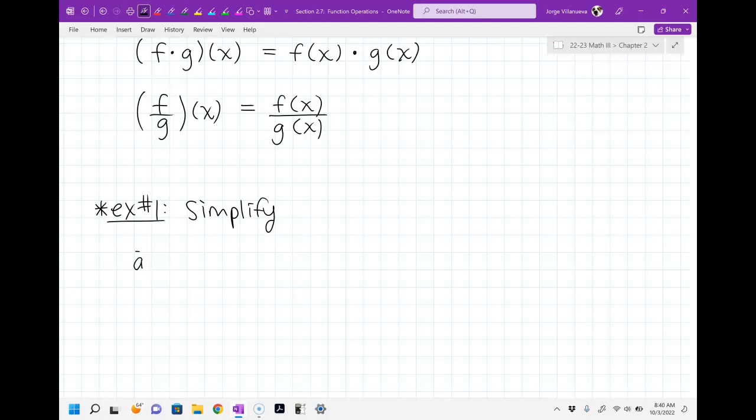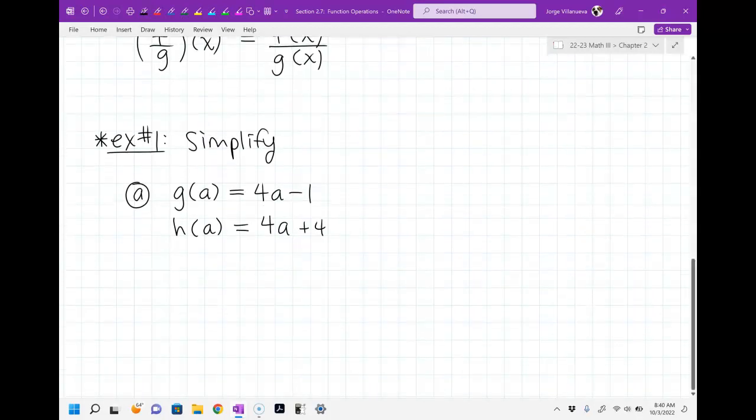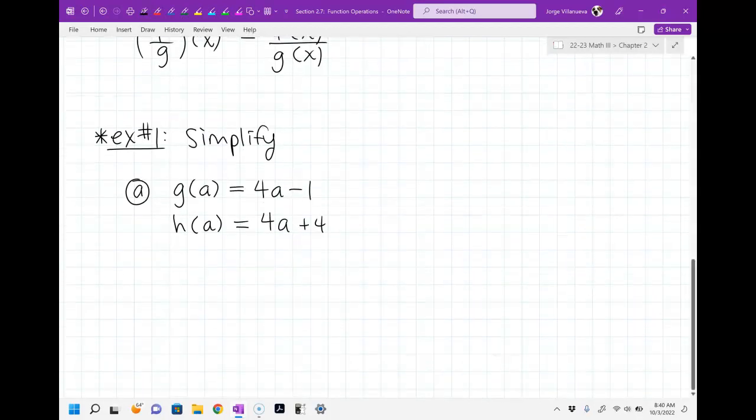So part A, let's do g of a equal to 4a minus 1. h of a is 4a plus 4. And what they want you to do is to find g of a plus h of a.